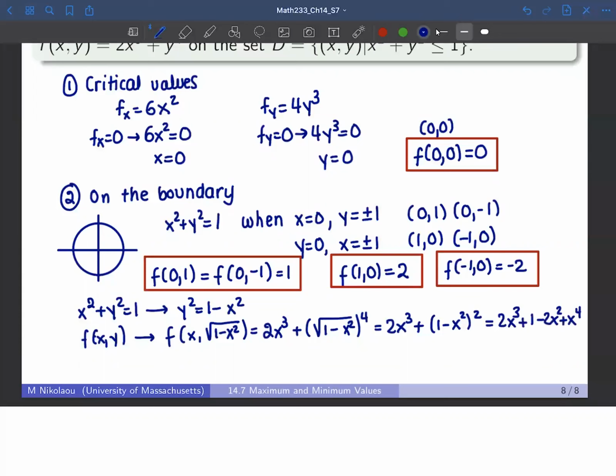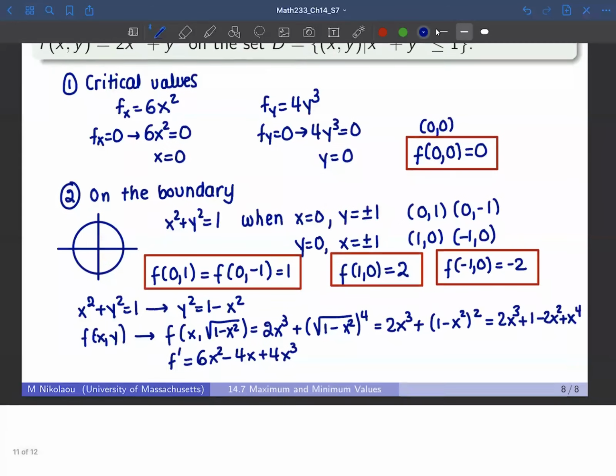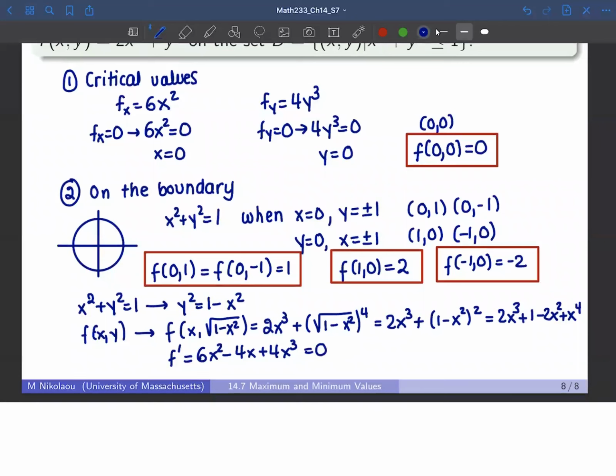If we take the derivative of that with respect to x, that will give us 6x squared minus 4x plus 4x to the third. In order to find the critical points here, we need to set that derivative equal to 0.